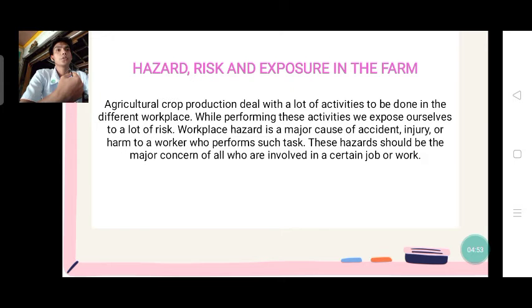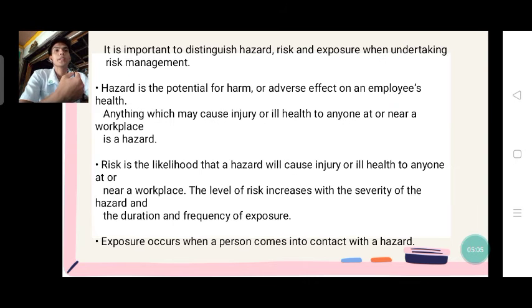This hazard should be the major concern of all who are involved in a certain job of work. It is important to distinguish hazard, risk, and exposure when undertaking risk management.